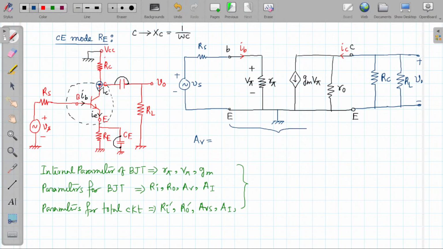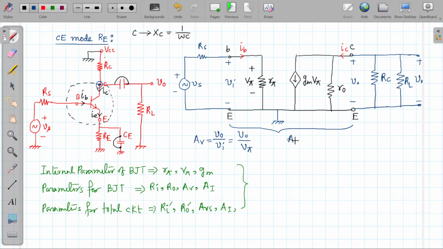This part will have the output voltage, and this voltage is the output voltage V0. Now, this is the input voltage of the BJT, and this Vi is equal to V pi. So we can say that V0 divided by Vi can be written as V0 divided by V pi. So this is the voltage gain.